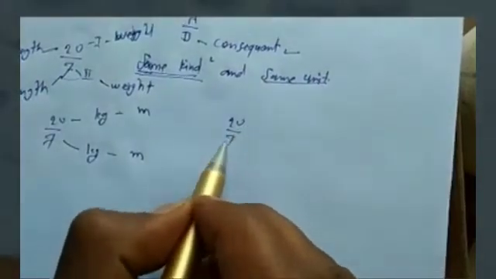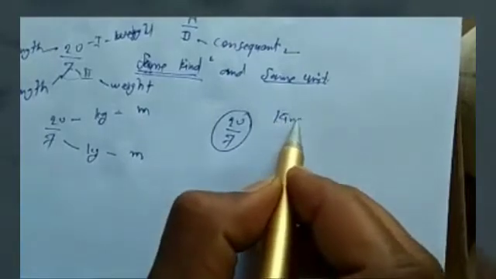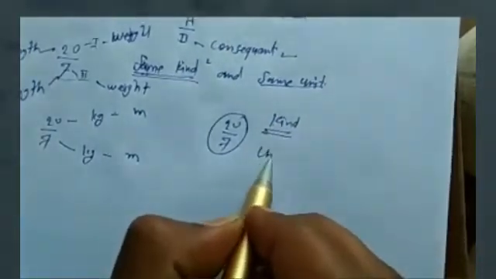If the first quantity's unit is kilogram, the second quantity's unit must be kilogram. If the first quantity's unit is meter, the second quantity's unit must be meter. So these are two important points: both terms should be of the same kind and same unit.